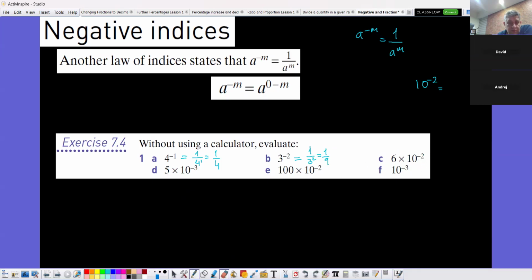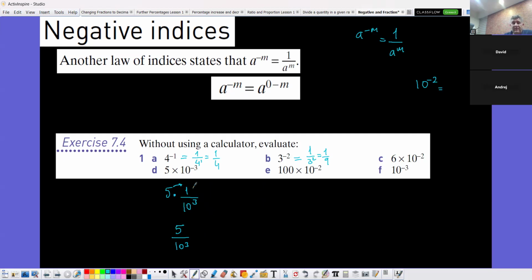Then I'm going to continue with D. This has to be 5 times 1 over 10 to the power of 3, by the way. But in the class also, I showed directly like this, 5 over 10 to the power of 3, because when you multiply the integer by the fraction, you should multiply only by the numerator.